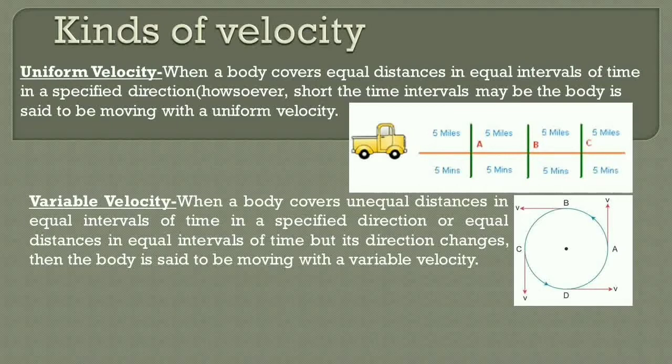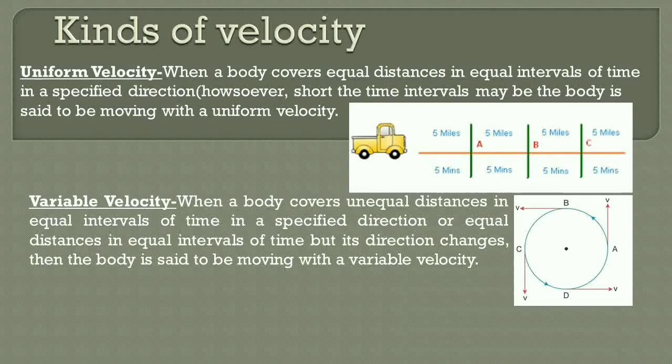Though it is moving with the uniform speed, when it is taking the turn, its direction changes. So in that case, we can say that the car is moving with the variable velocity because it is changing its direction. Clear? So this is all about the non-uniform or the variable velocity.